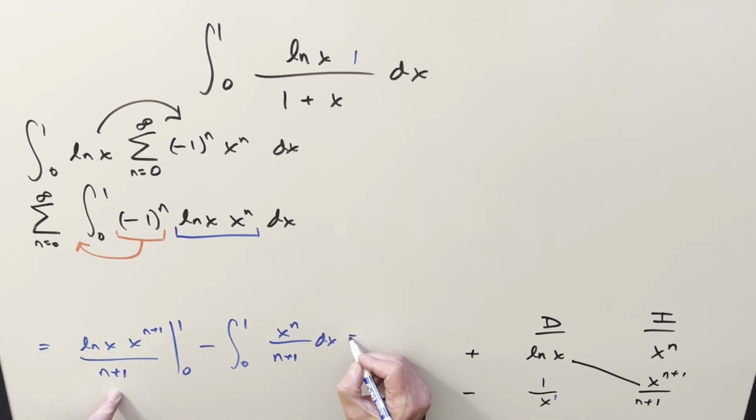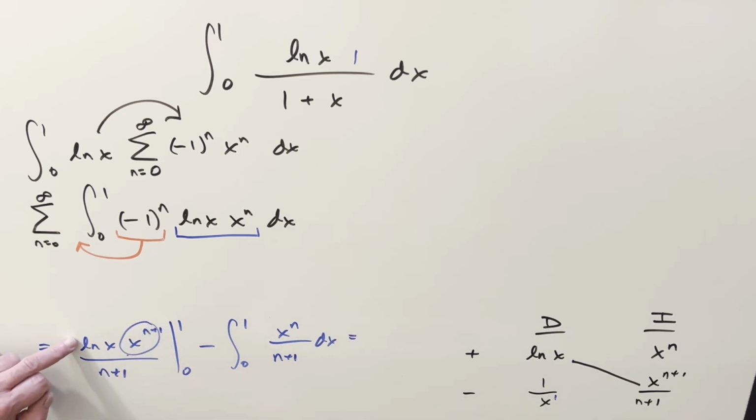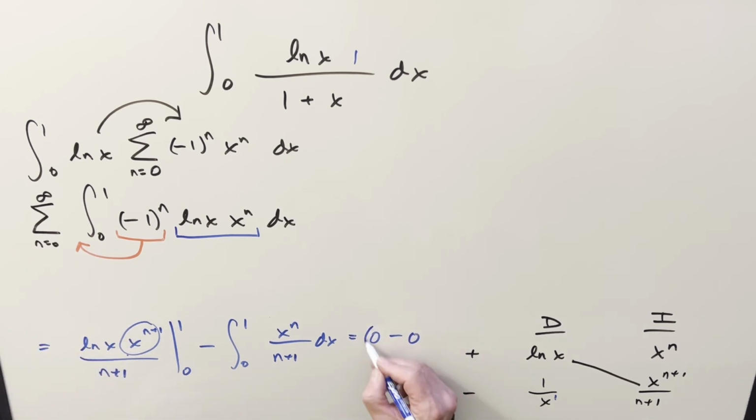Evaluating the first part, when you plug 1 in, ln 1 is just 0, so the first piece is 0. You plug 0 in, and you have an indeterminate form, because the natural log of 0 is minus infinity. You could use L'Hopital's rule here, but you'll just get the same solution, a 0. So this goes away, and let's go ahead with this integral.